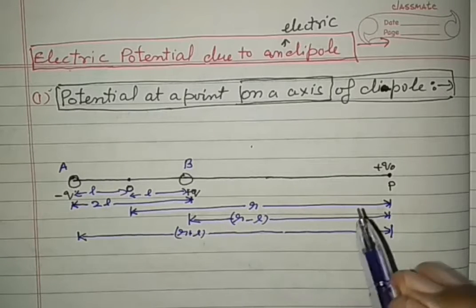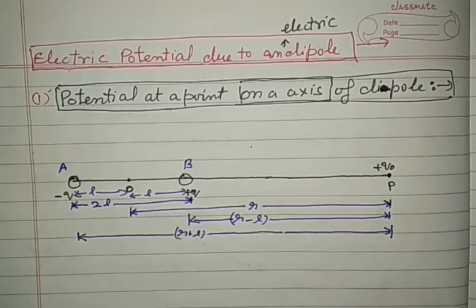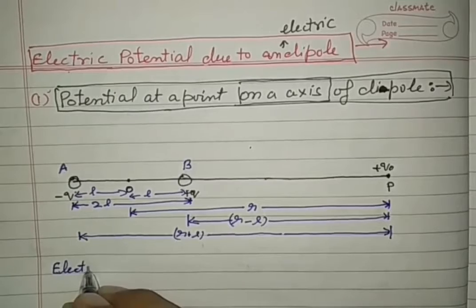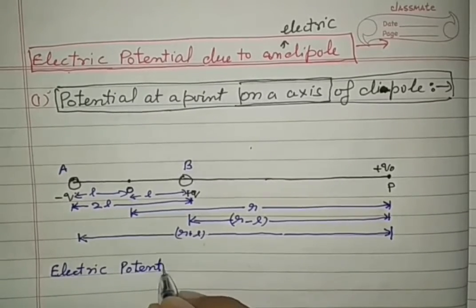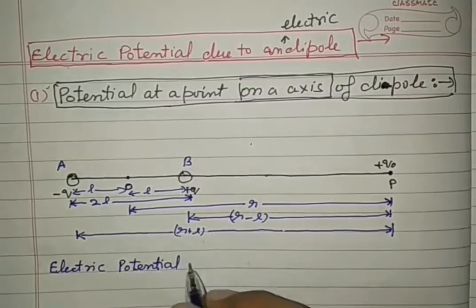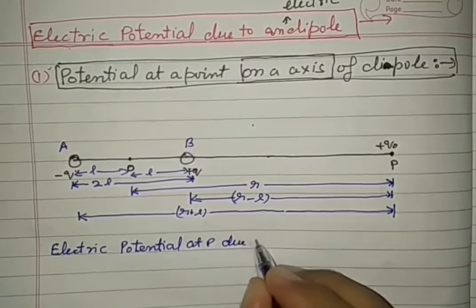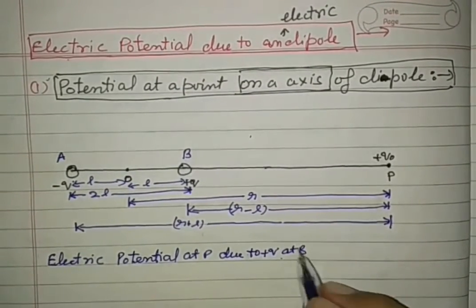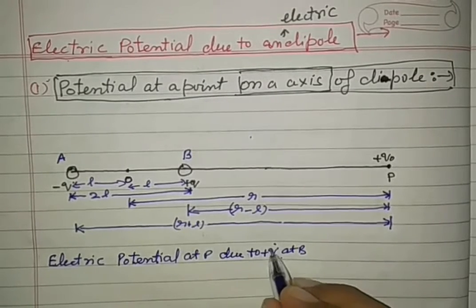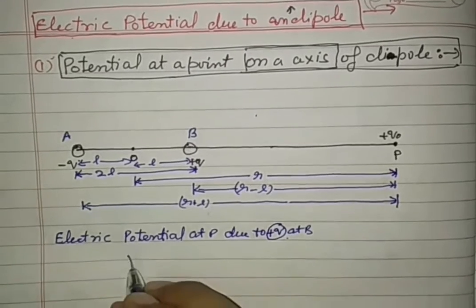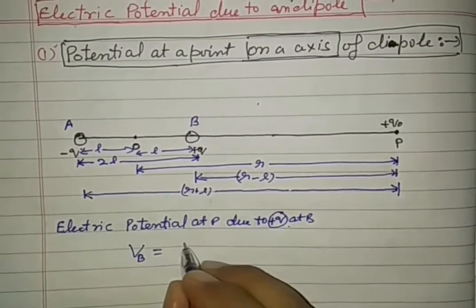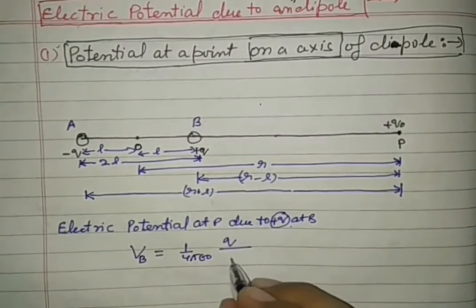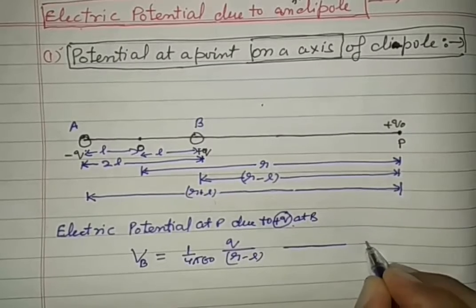A dipole has two equal and opposite charges separated by a distance 2L, and a test charge is kept at P, and we are going to calculate the electric potential at P due to positive Q at B. Due to the positive charge, the potential is 1 upon 4 pi epsilon 0 Q by this distance, R minus L, and I am going to represent it as equation number 1.